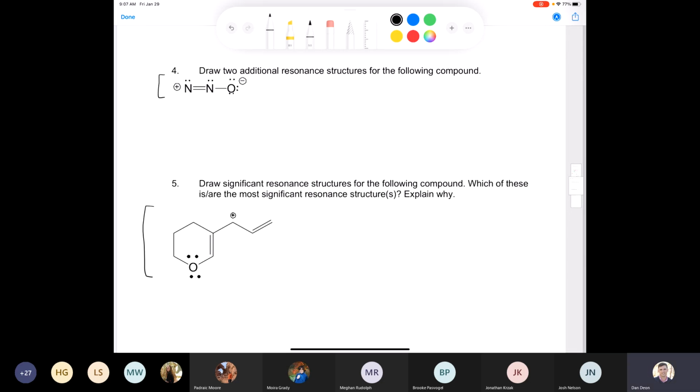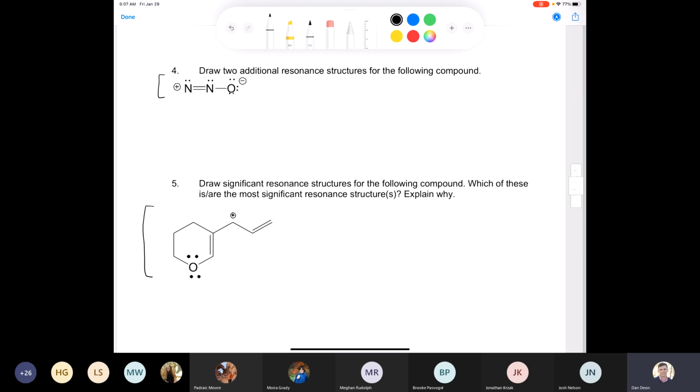Does anybody have an idea of where we might start? Or just one way we could, and it's not easy to describe over Teams, trust me. With the negative charge on oxygen? Yeah, we could try and move that around, for sure.